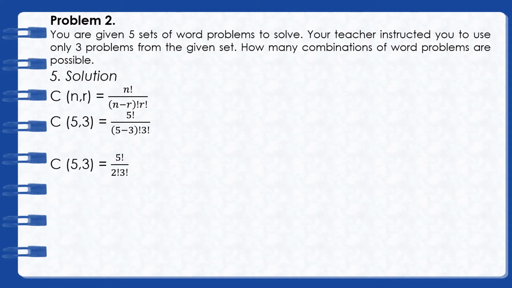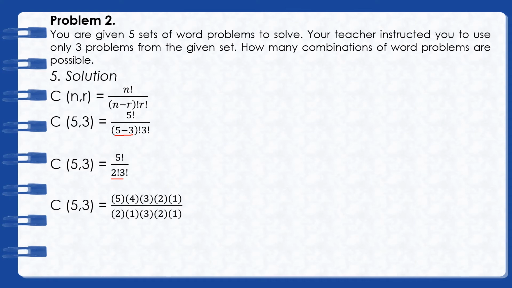So first is to get the difference of our denominator, 5 minus 3 factorial. So we have here 5 factorial over 2 factorial multiplied by 3 factorial. Simplifying 5 factorial, we have here 5 times 4 times 3 times 2 times 1.